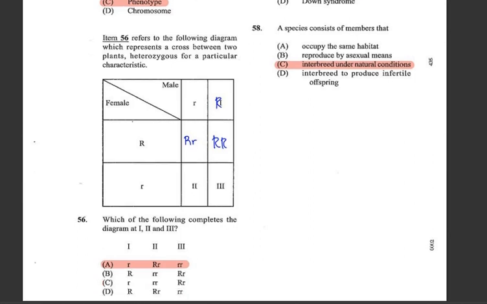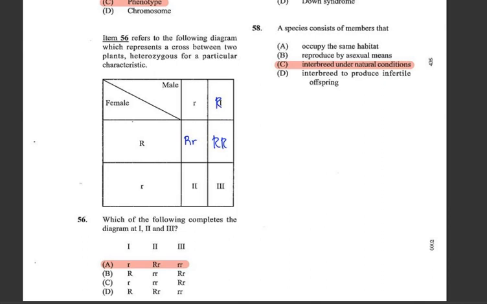Alright, so moving along, 56. Here it says refer to the following diagram representing a cross between two plants that are heterozygotes for particular characteristics. So for a female here, we receive the male. It's similar, guys.